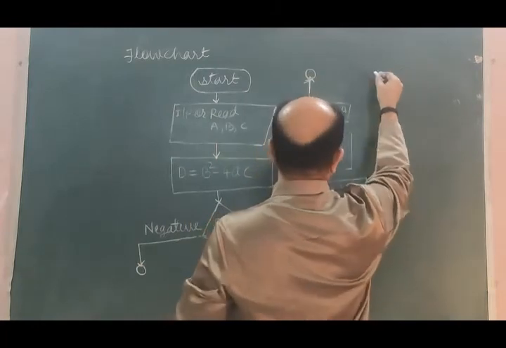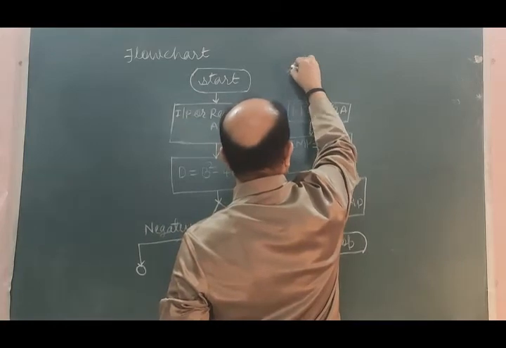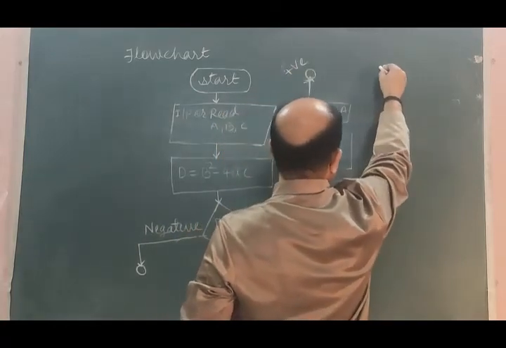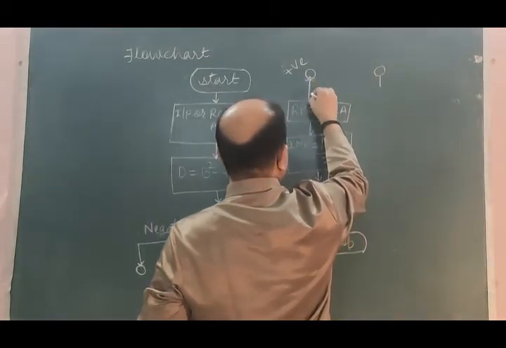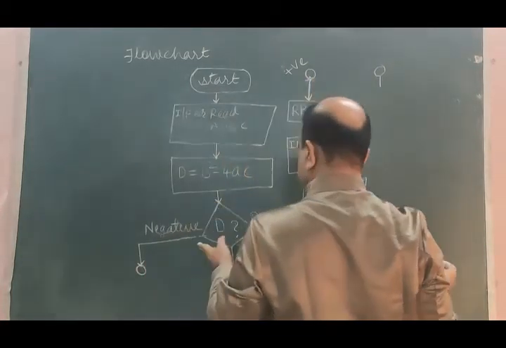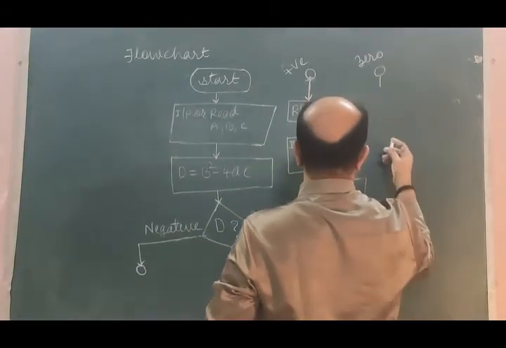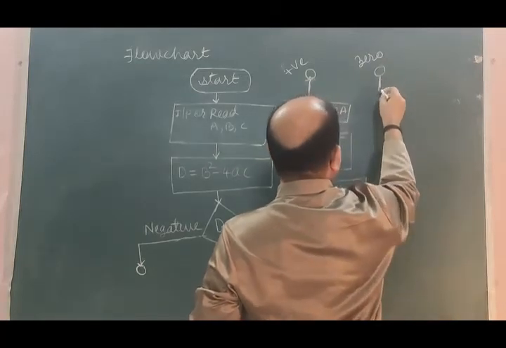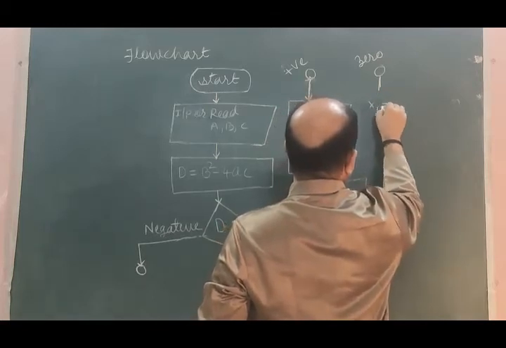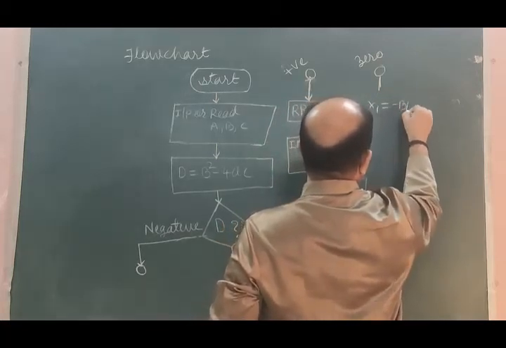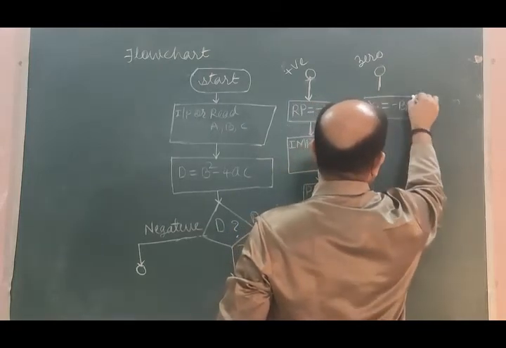Now let us go to the central part. Here from negative, let me just put here negative. Now let me go to the central part, and it is for 0. When D is 0, I have to find x1, that is minus B divided by 2A.